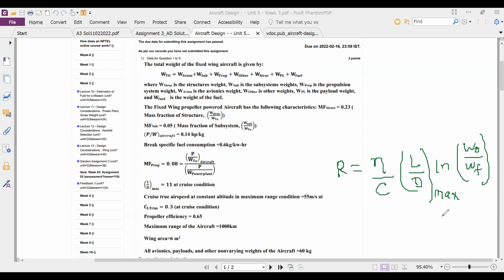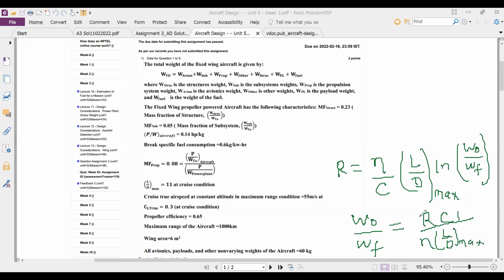Very good. So when W naught by WF is the unknown in the equation, what will be the answer? Range multiplied with C, and let's call it, because that is a ratio, beta, over L by D max.